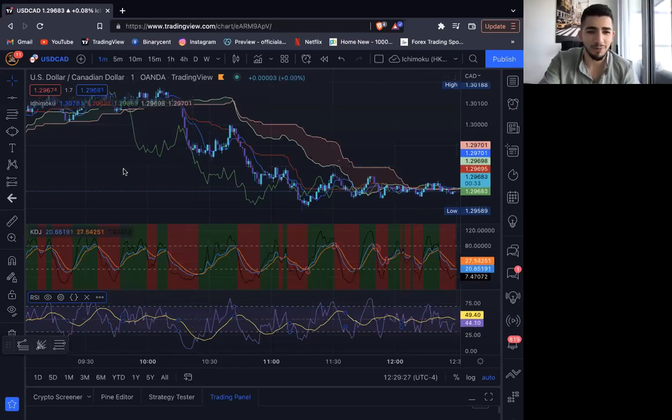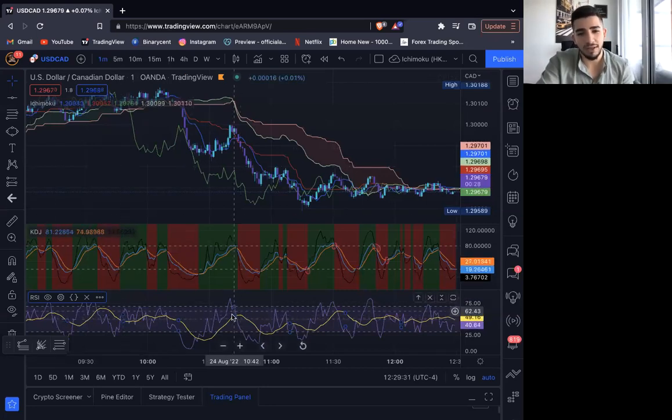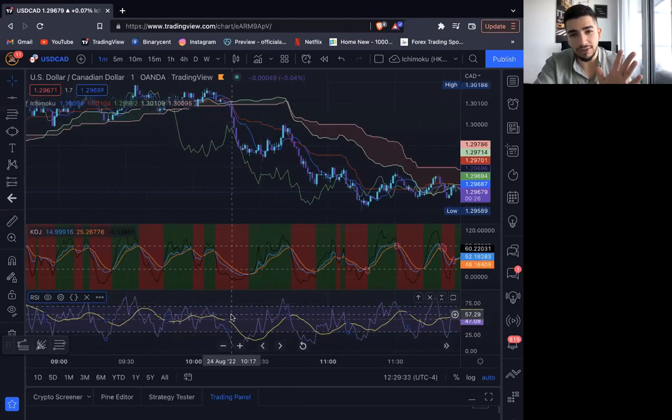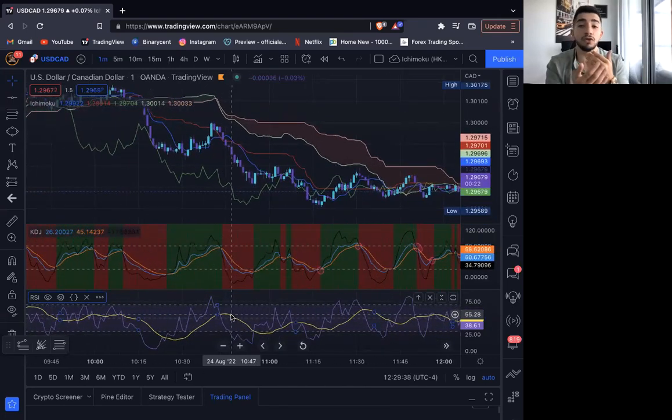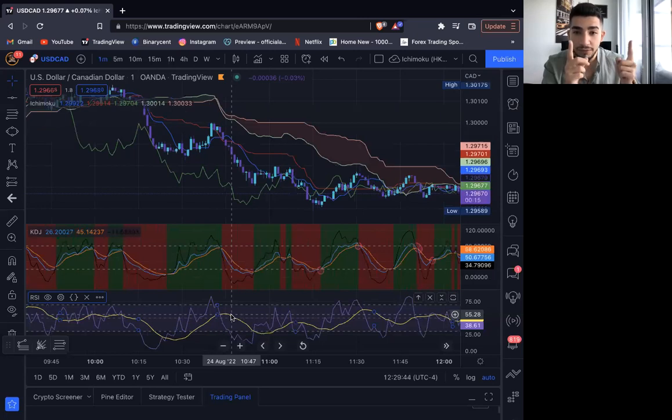No problem. The reason we changed the RSI length from 14 to 5, as an individual asked, is because when it's 14, it takes into consideration a longer period of time.